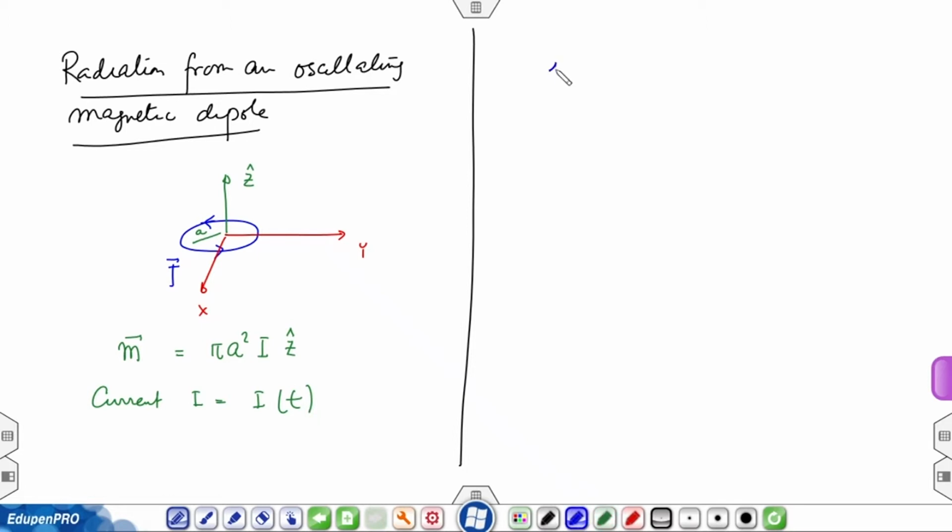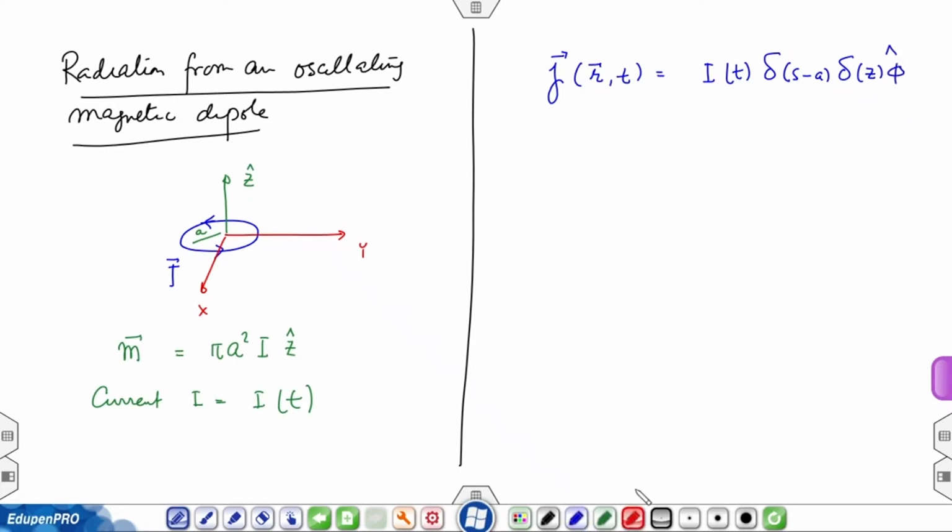So, I can write the current density for this as J(r, t) equals I, which is a function of time. It is in the phi direction and it is along this thin wire. So, I can write this as I delta(s minus a) delta(z) in the phi direction.